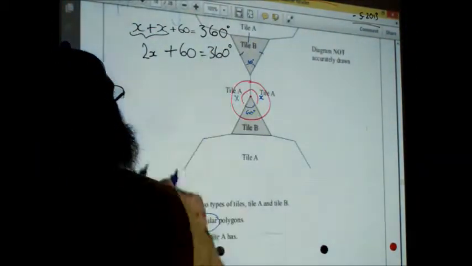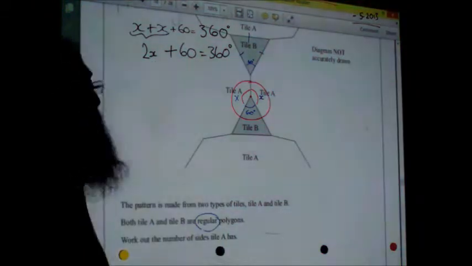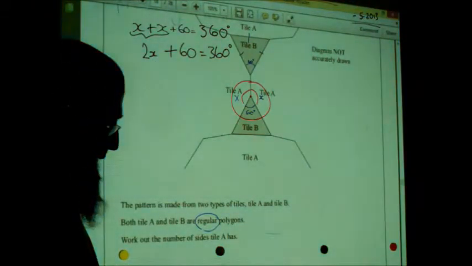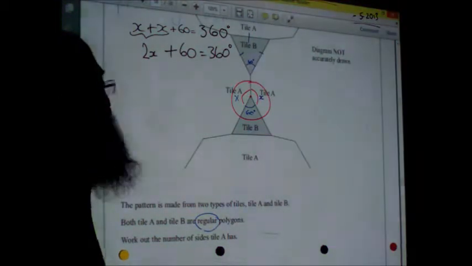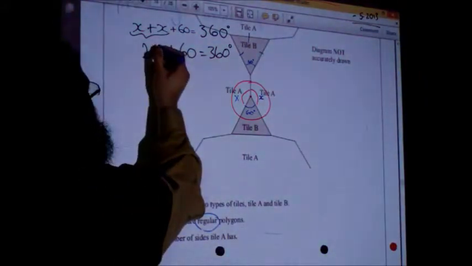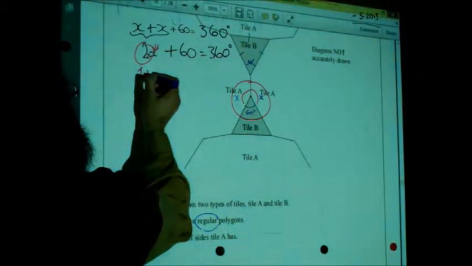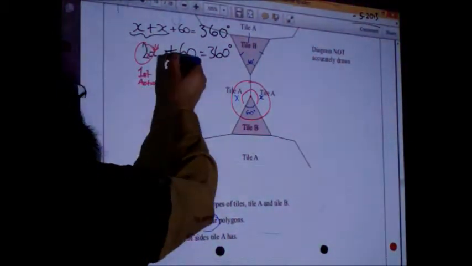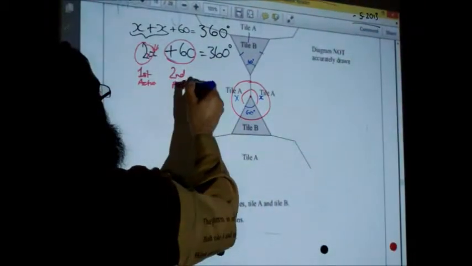Okay, 360 degrees. Now, we need to work out the value of X. We have 2X plus 60. And as I've shown you in the previous two-step solving simple equations, we need to start at the X. X is being doubled. Call this the first action, and then it's been added by 60, that is the second action.